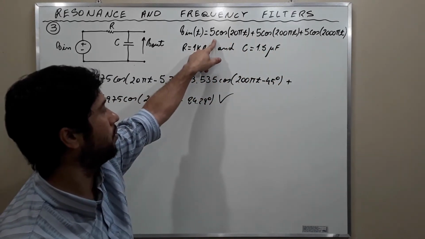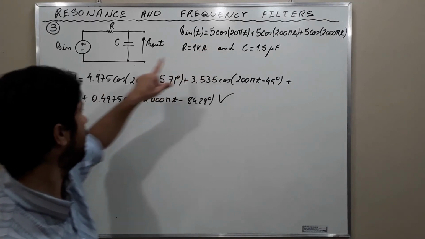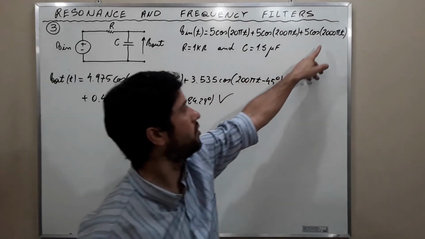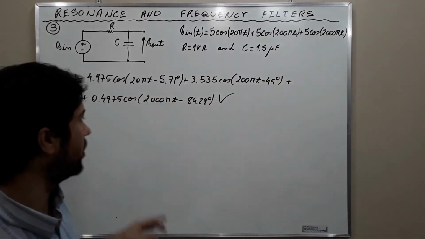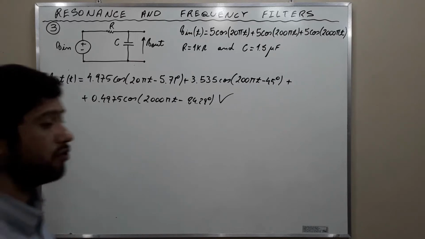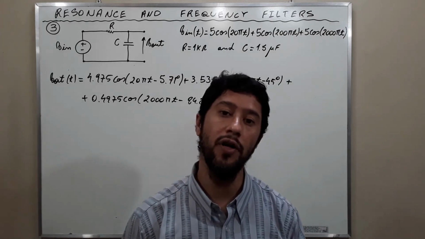The signal with the frequency of 10 hertz is not much attenuated by the filter, but the signal with the frequency of 1 kilohertz is very much attenuated by the filter. Okay, the 10 hertz component is nearly unaffected, while the 1 kilohertz component is greatly attenuated. This is all for exercise 3. Let's go to exercise 4 now.